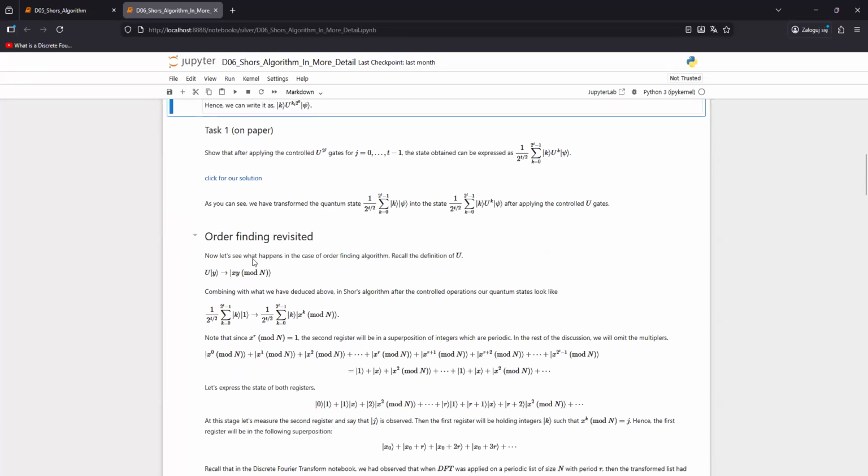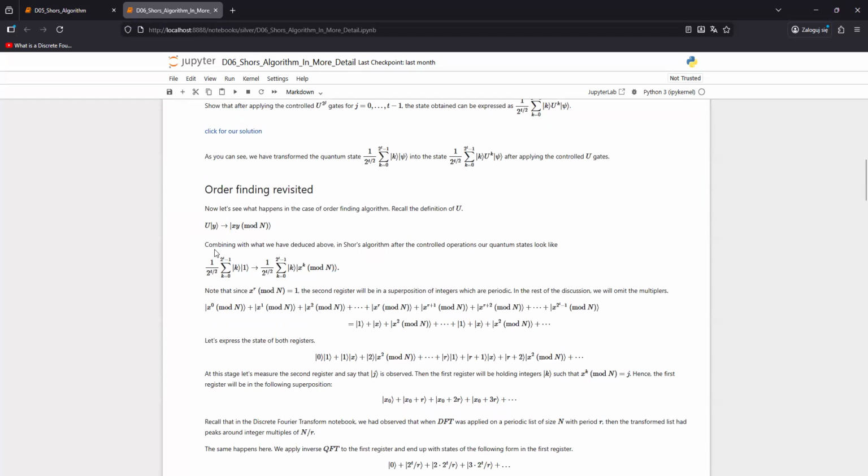And here we have order finding, so we have this formula revisited. As you should remember, yesterday I showed you a superposition of a to the power of k, remainder of n. We were talking about this equal superposition yesterday, but here we have a instead of x. There were also some coefficients I was talking about, and we were changing the order of those coefficients, but here they are omitted.